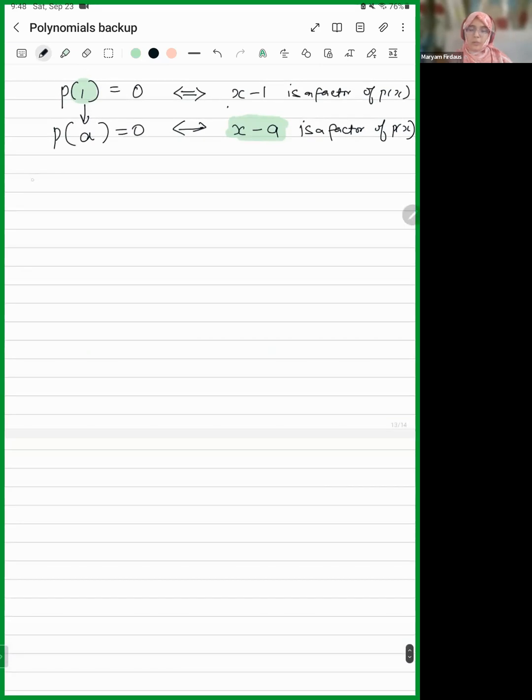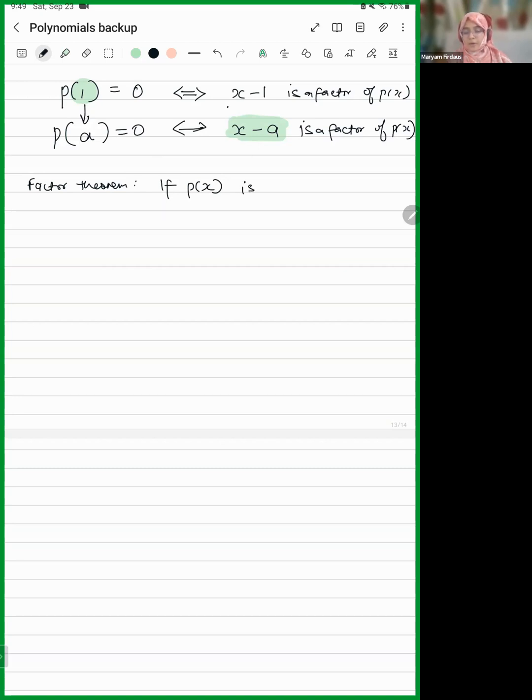Okay. So let's write what the factor theorem says. The formal definition of the factor theorem. It's there in your textbook also, but I will write a more simplified statement.